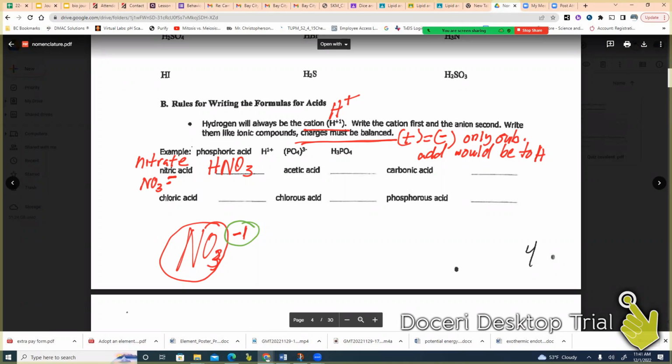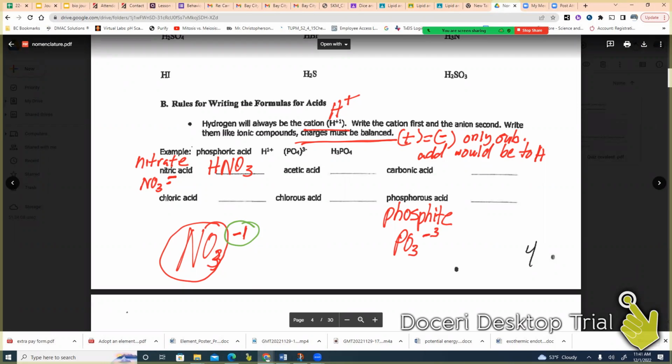All right, phosphorous acid. So if it's phosphorous now, then what was it originally? Phosphate or phosphite? Phosphite, exactly. And phosphite is PO3, and all of that has a -3.